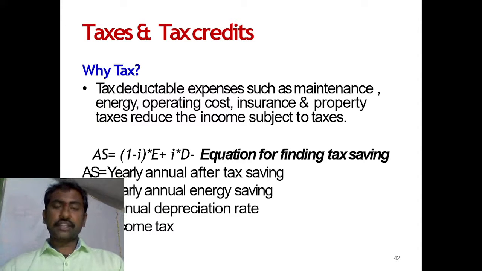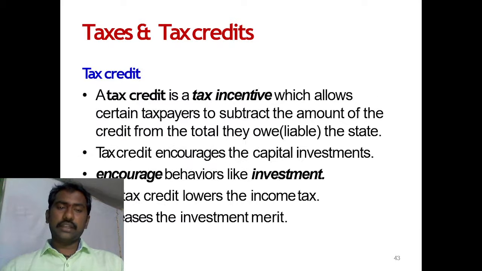For calculating the tax saving, we have one formula: annual saving AS = (1 - I) E + I D, where AS is the annual saving, E is the yearly annual energy saving, D is the annual depreciation rate, and I is the income tax rate.